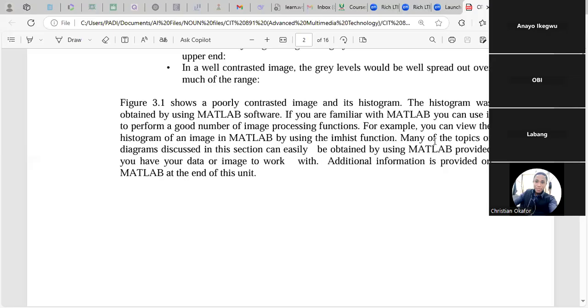You must have captured those images, or they are publicly available. You source them out, or you capture them and then store them in the system. You now use MATLAB to begin to manipulate them. If you know how to use MATLAB, but if you don't, you can read and learn how to use it.